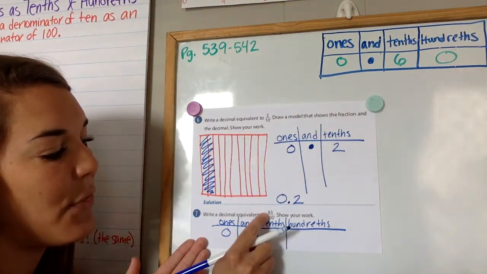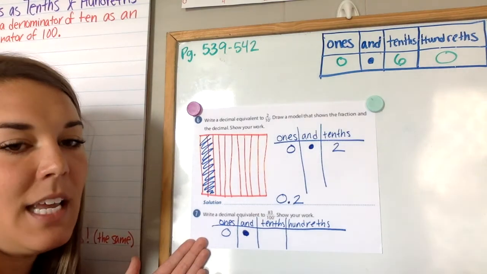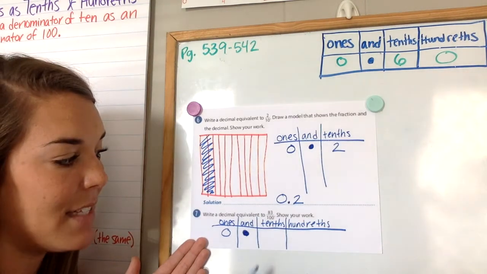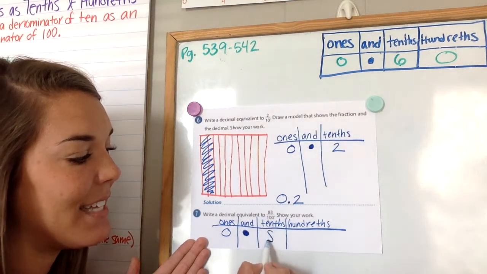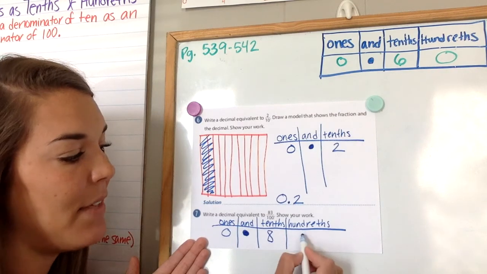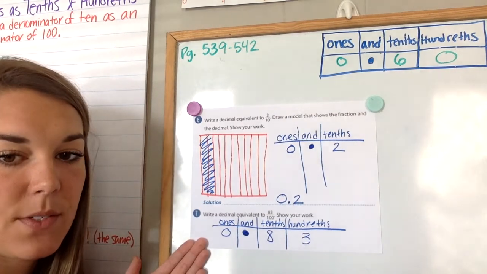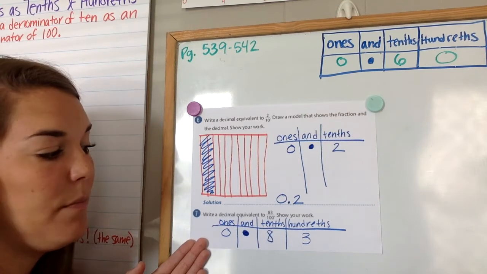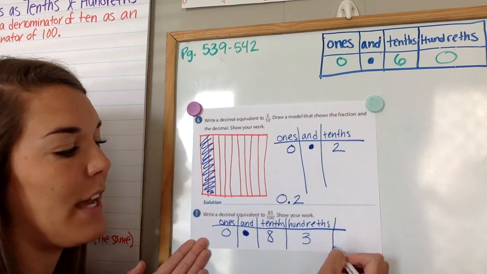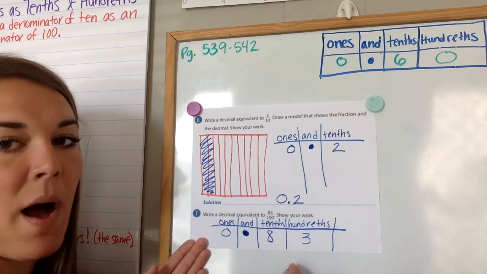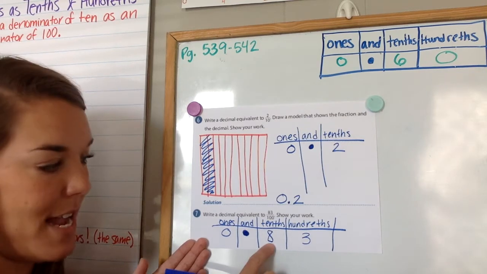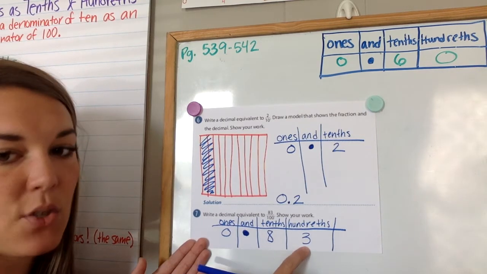So it's 83 hundredths. In 83 hundredths, guys, there's 8 tenths, and then there's 3 hundredths, okay? So remember, when we're thinking about a chart like this, we're not going to put 2 numbers in the same box, right? So you make sure you do 8 in the tenths, 3 in the hundredths.